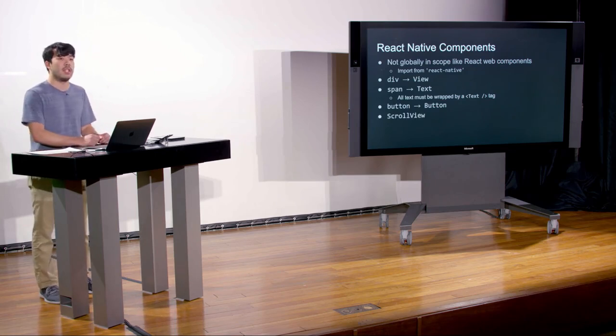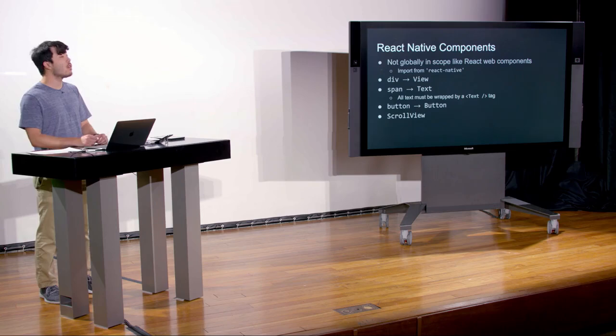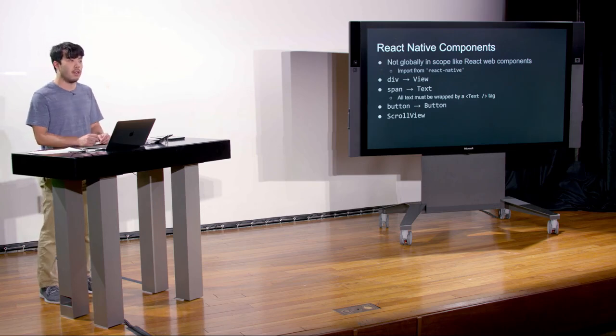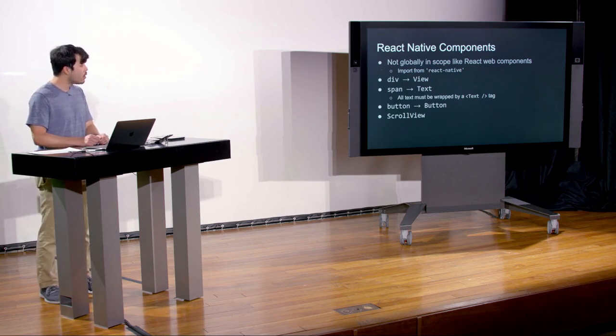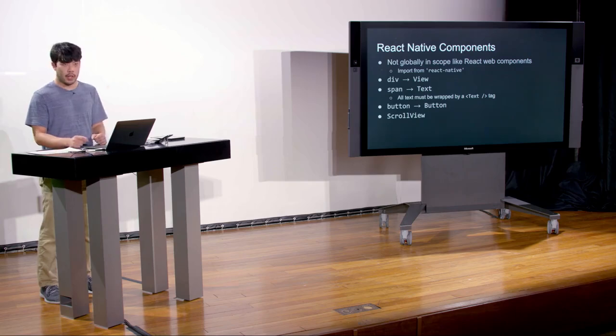And lastly, we have these things called scroll views or lists, which don't really exist in web world, but they do exist a lot in React Native, and we'll be talking about those in the future as well. Of course, there are many, many other components, and if you want to explore them, the documentation is really good.